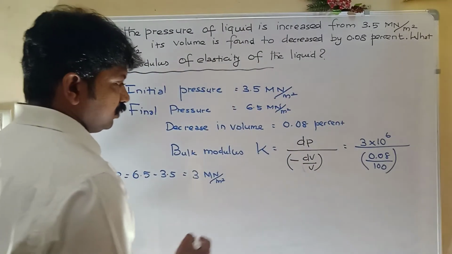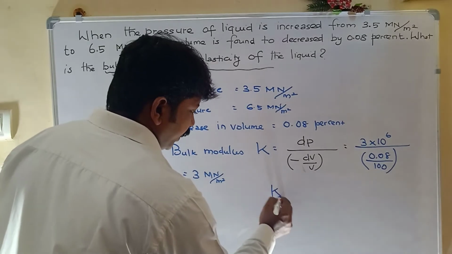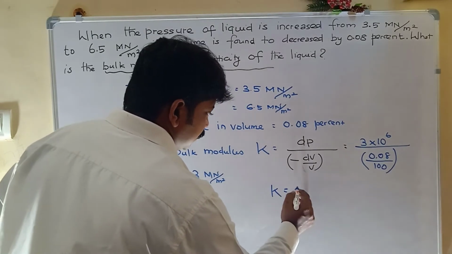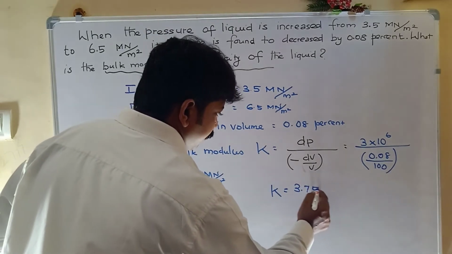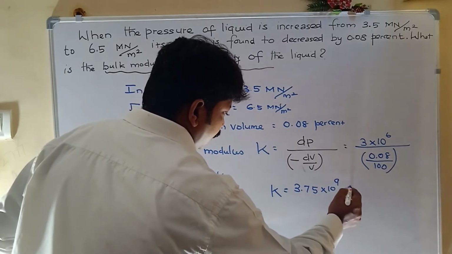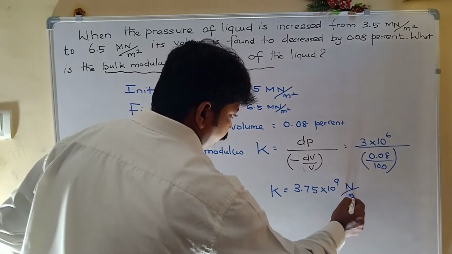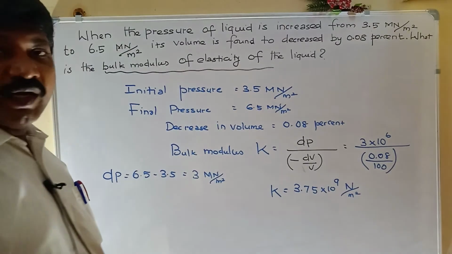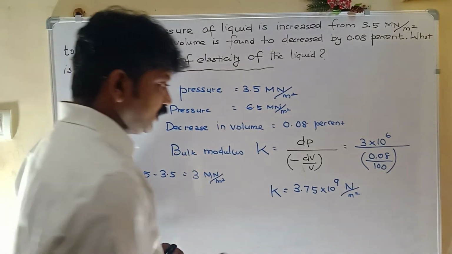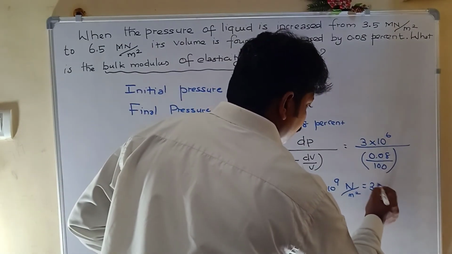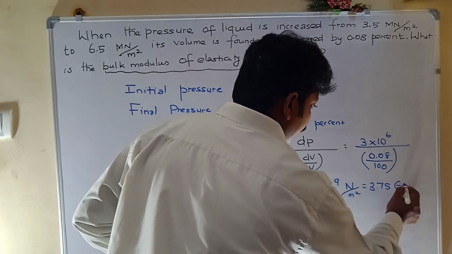So K equals, by using a scientific calculator, you find K equals 3.75 into 10 to the power 9 Newton per meter square. So 10 to the power 9 equals what? Giga. So 3.75 giganewton per meter square.